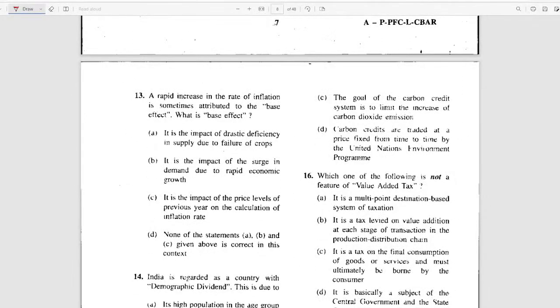Then again, this is a conceptual question. A rapid increase in the rate of inflation is sometimes attributed to base effect. What is base effect? They are asking a conceptual question: it is the impact of drastic deficiency in the supply due to failure of crops. So this is related to inflation.